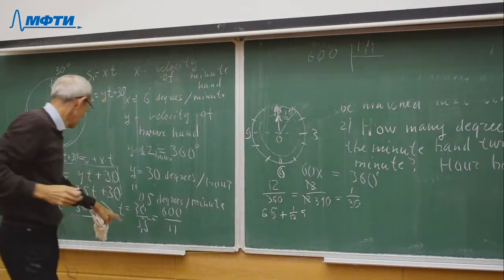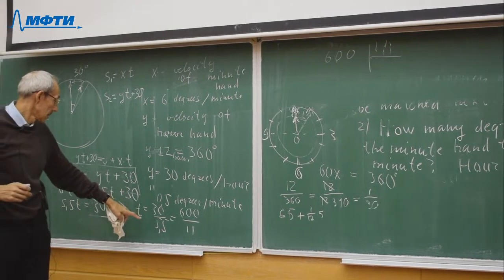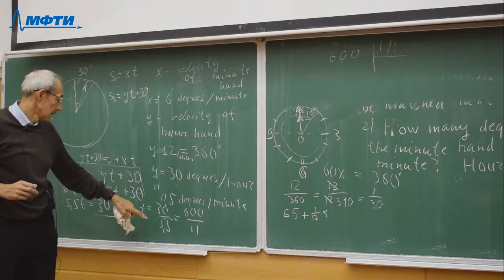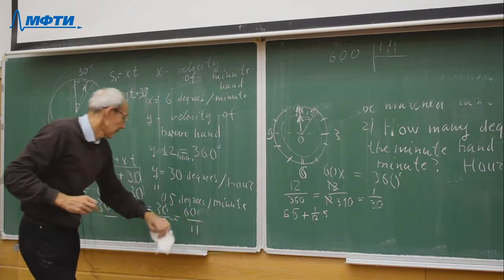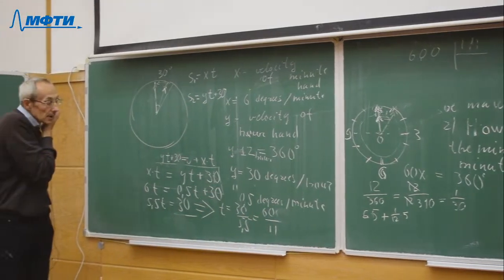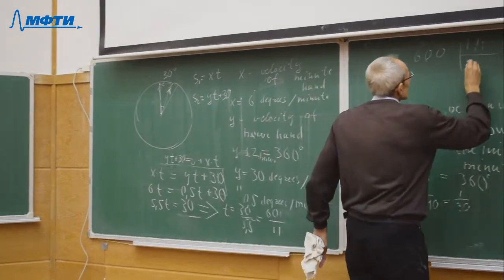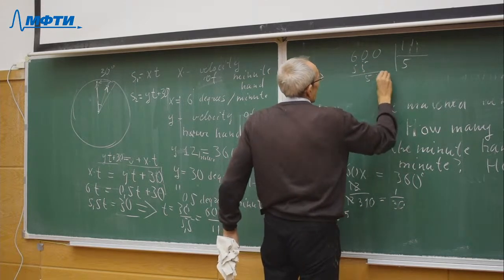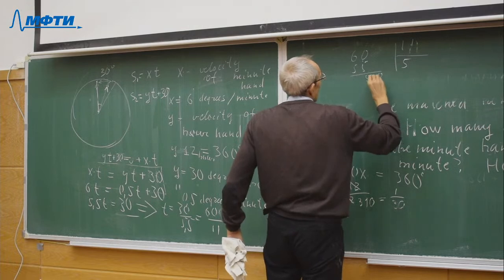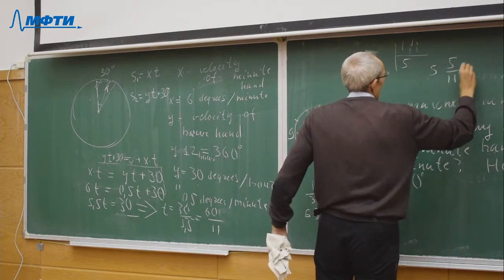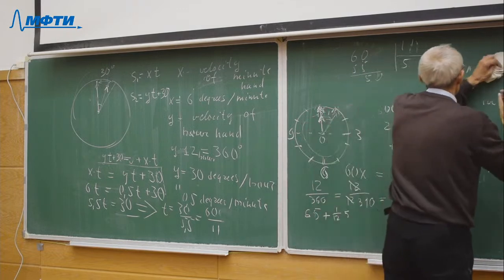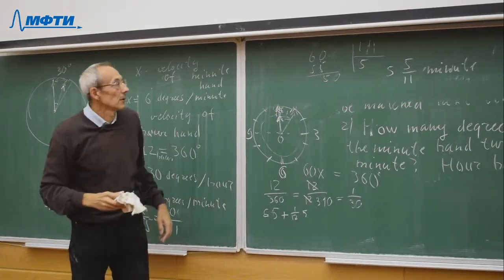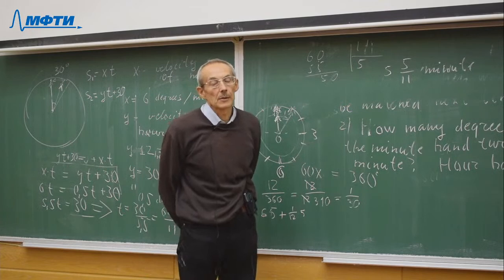It is right. 60 ratio 60 and 11, and 5. Less more than 5 minutes.